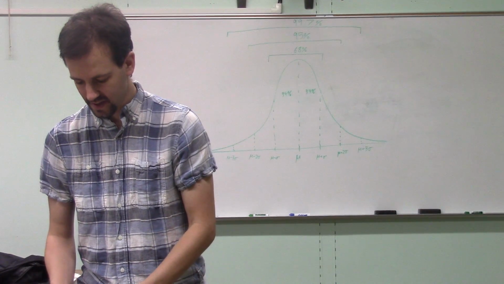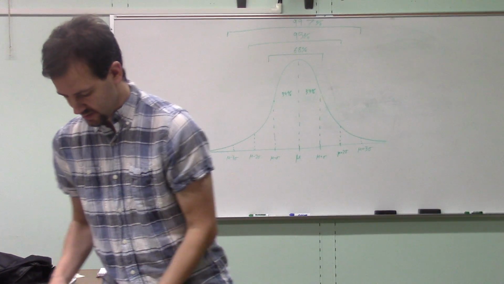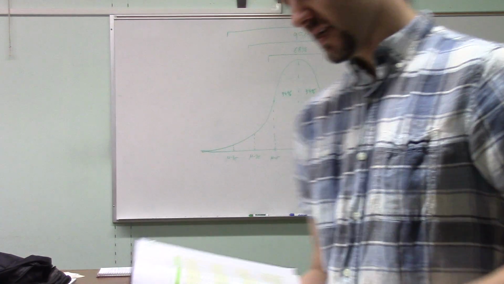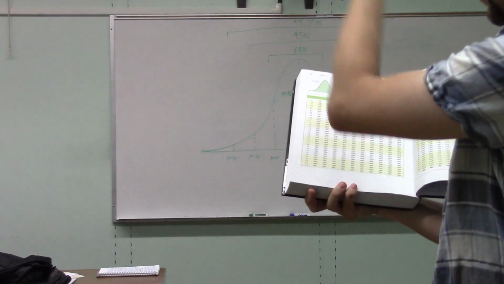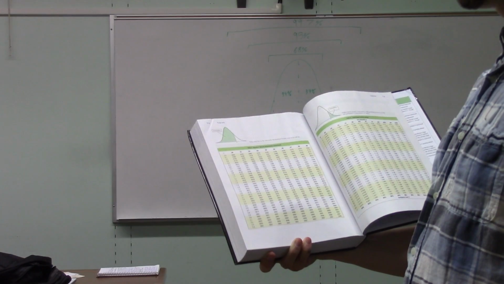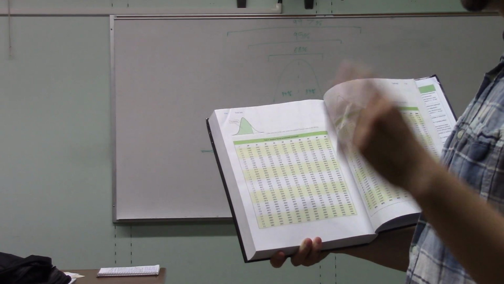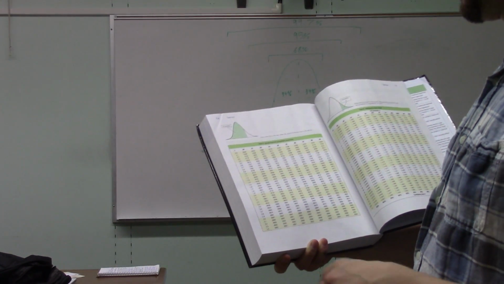Let me find it here. It should also be on your formula sheets. Here it's on pages T1 and T2. They have a whole bunch of percentiles. So let's say Jill said, I got a z-score of 2.15. Okay, how exceptional is that? What percentile is that?